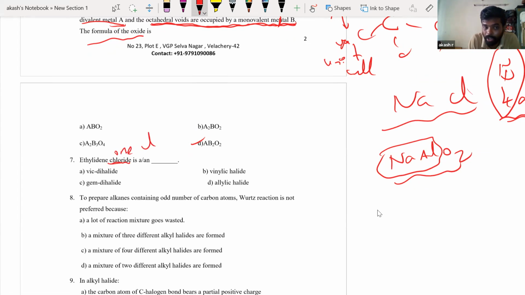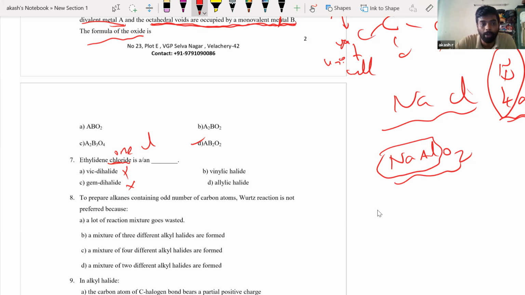Obviously, all the dihalides are out of the picture because I have only one chlorine. If they had told ethylidene dichloride, then I should have thought about it. But now the dihalides are out of the picture.